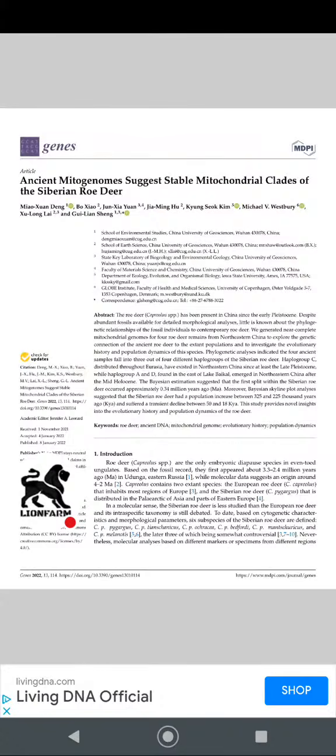What's interesting is if you look at creatures from today to their ancient predecessors, for example, this paper is looking at mitogenomes that suggest stable mitochondrial clades. Remember that area I was talking about where humans first came from, Siberia and Russia?